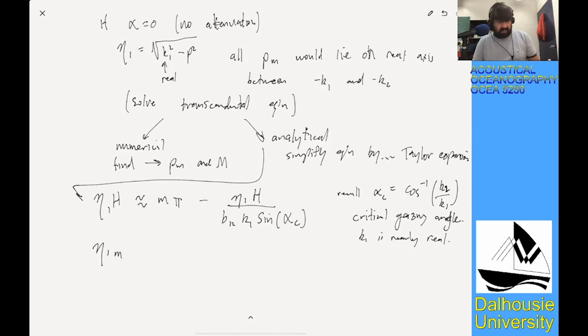So we're saying that we have a bunch of these solutions for eta 1, which are countable, I guess, indexed by m. It's going to be m over pi h, 1 plus b12 k1 h sine alpha c.